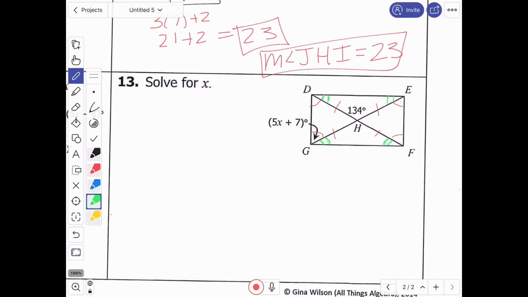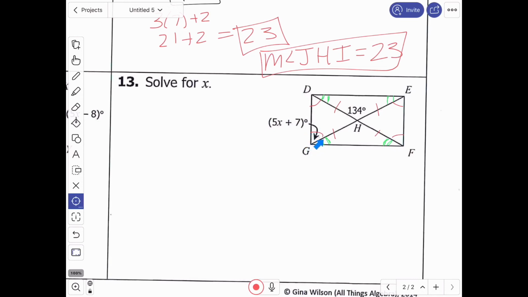Okay? And then there's also some vertical angles and linear pairs going on throughout here. So if I first start solving for x, I don't know that this 5x plus 7 is equal to 134. So if you set those two equal to each other, that's not really the right place to start.